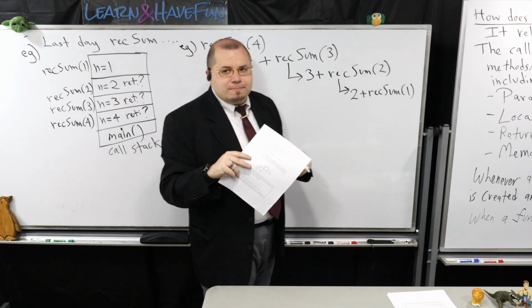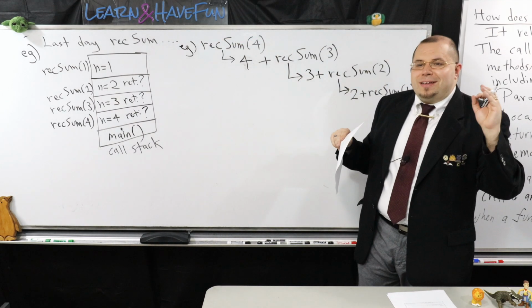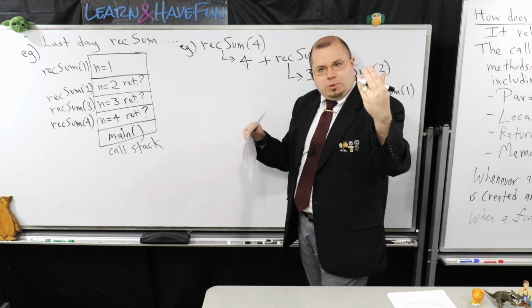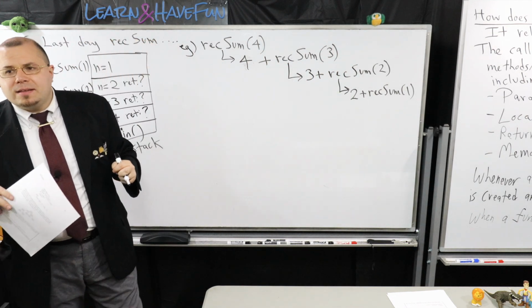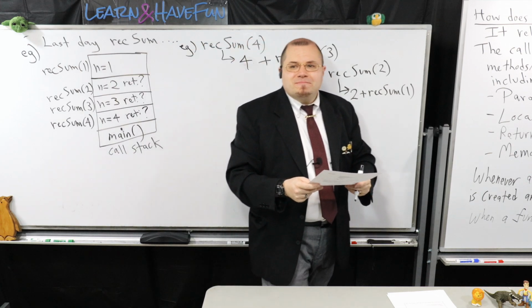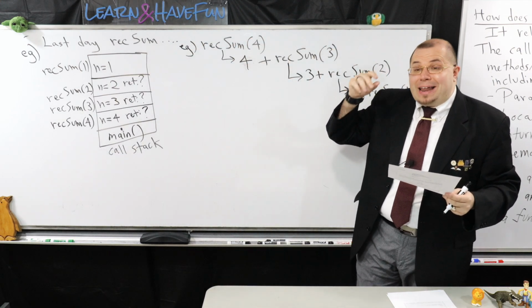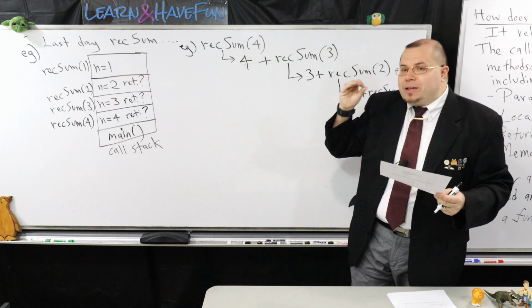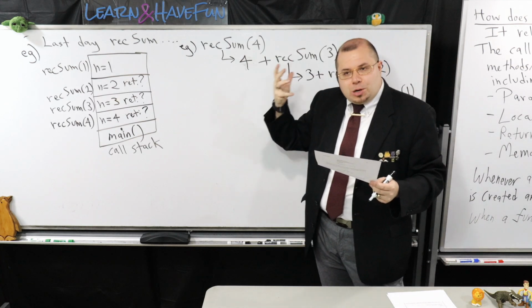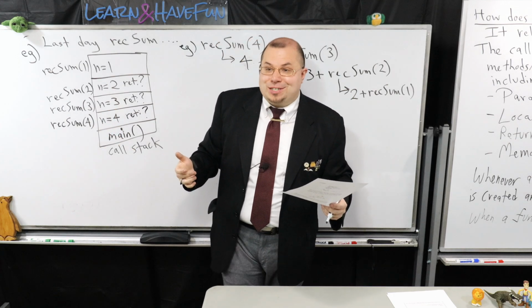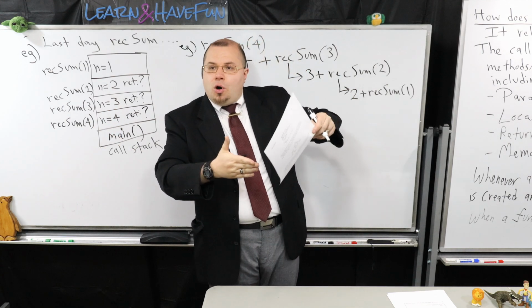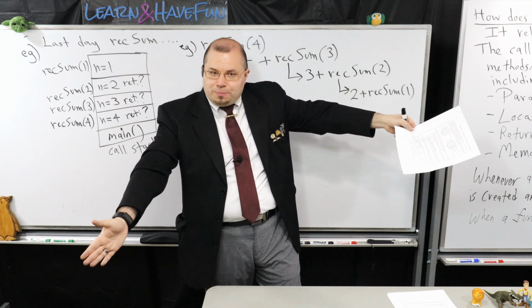But here's the thing. In rec sum 1, does it go to the recursive case or the base case? It goes to the base case. The big thing you want to catch on to when designing a recursive algorithm or implementing a program that uses recursion is that you want a whole definition of how to solve the problem.